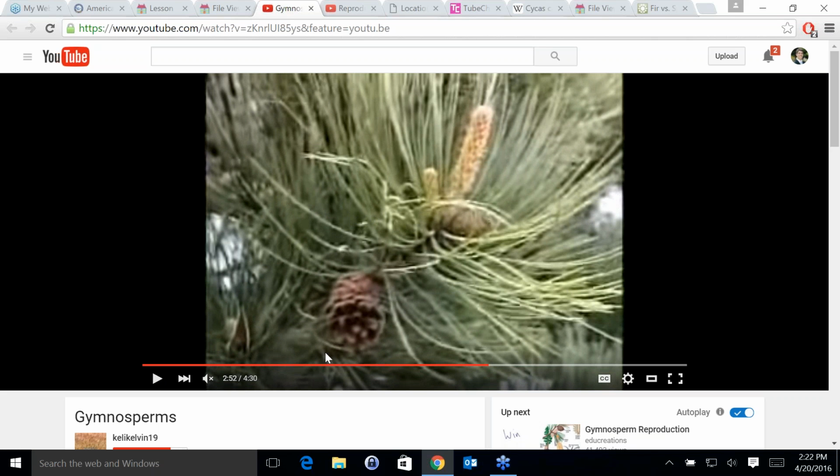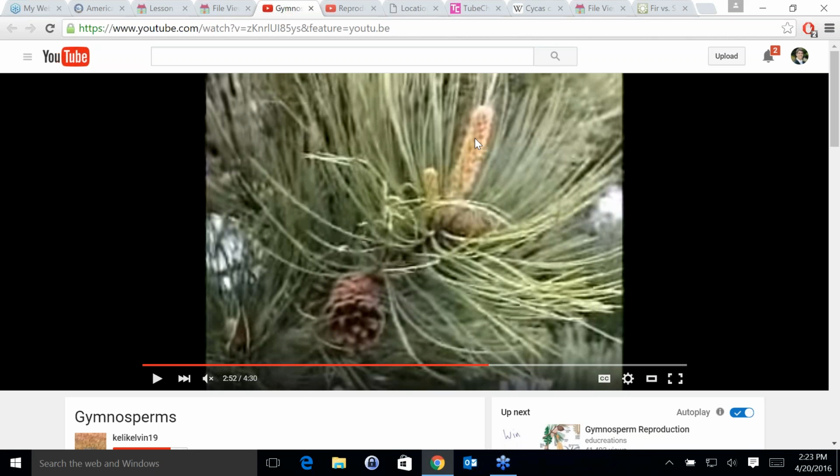Then the video explains and shows here in the pine how the pine cones are of two different types. They are the male pine cones and the female cones.